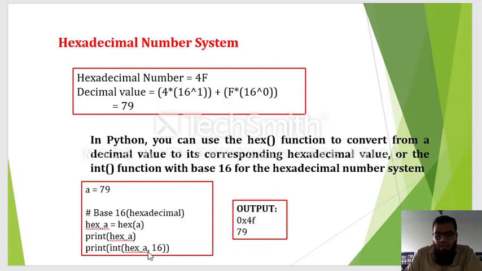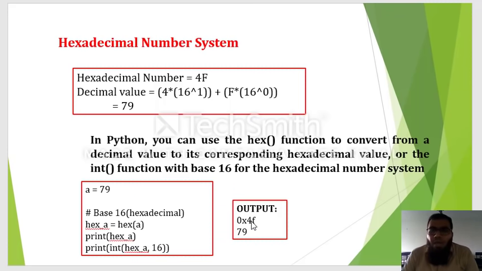Comma, what is the base of a hexadecimal number? 16. When I give these two parameters and call the int function, it will give the decimal value of this particular number. So what is the decimal value of 4f? 79. What is the hexadecimal value of 79? 4f. That is how we need to convert from one system to another.